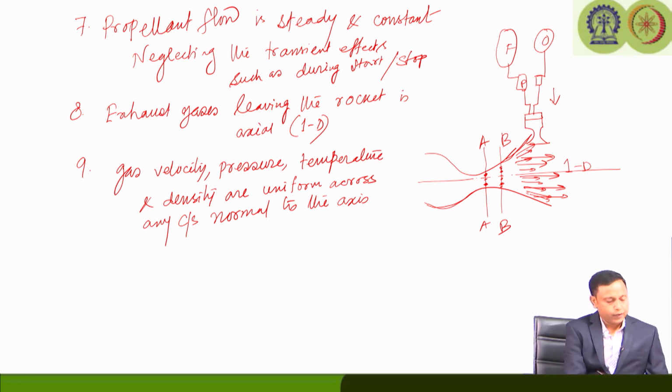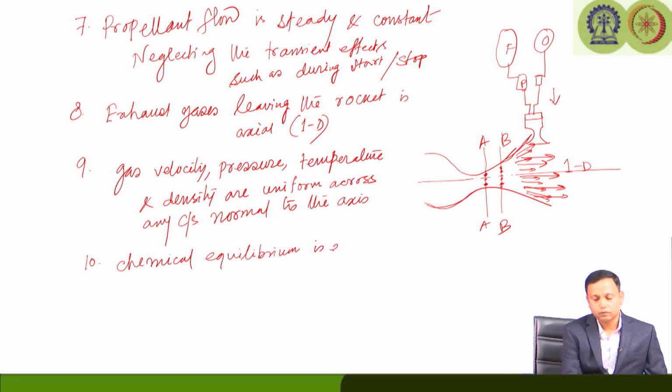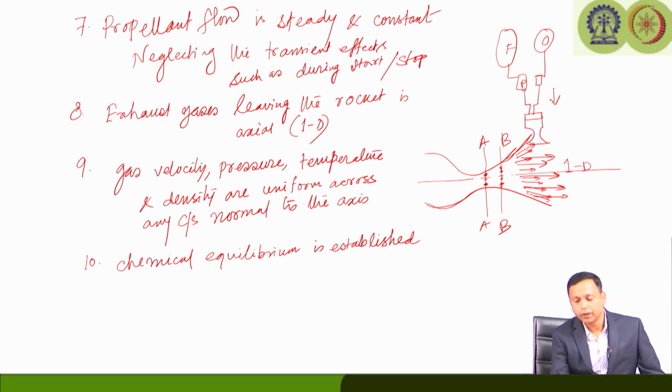And also we say that chemical equilibrium is established. We say that there is no further change in the gas composition as the gas passes through the nozzle.